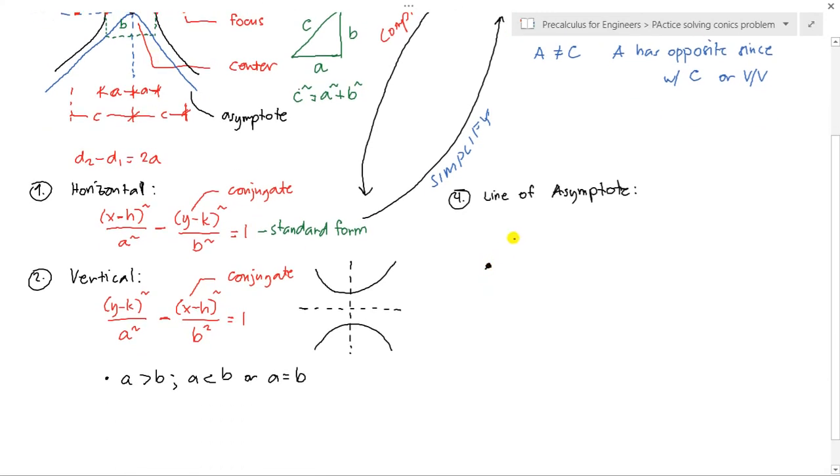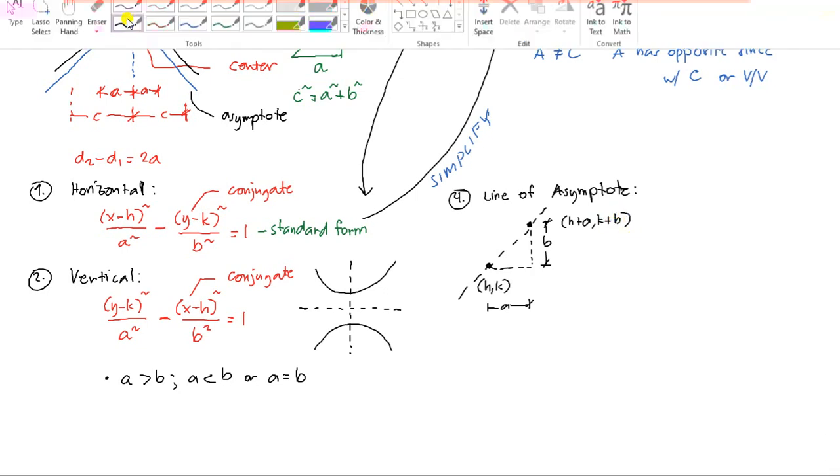So, kung i-draw nato diri, this is the point and this one is the center. So, we have 2 points here. Assuming the coordinates of the center is h and k, and this is a, and then this is b. So, therefore, the coordinates here is h plus a, and then k plus b.